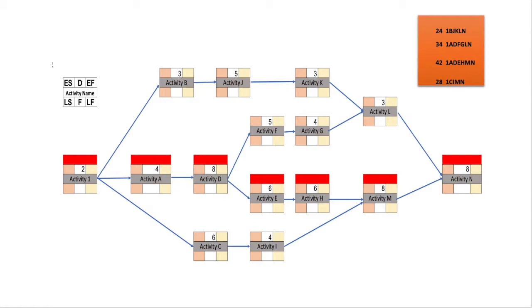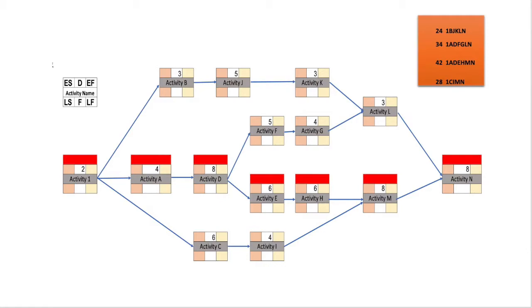Before we begin, first we need to calculate how many paths we have in our network diagram. Here we have activity 1, activity B, activity J, activity K, activity L and activity N. So this is one path.